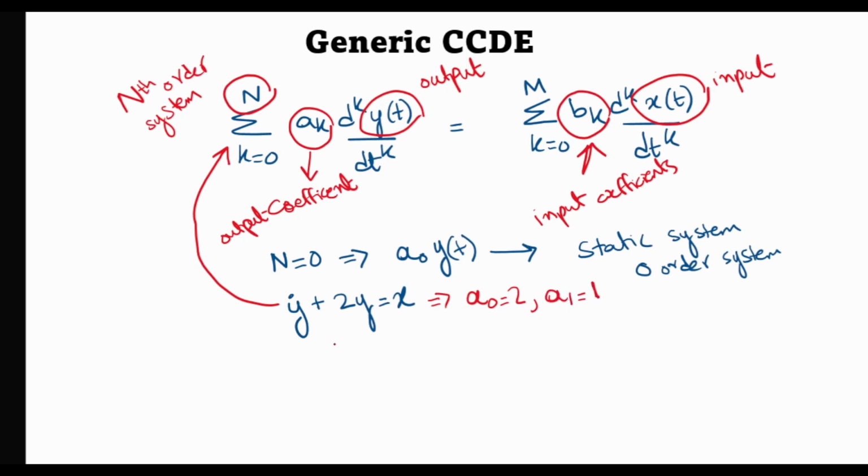So this equation describes a first order system, since the order of differentiation is equal to 1. So we solved this equation in the previous lecture by finding the homogeneous solution as well as the particular solution. If you haven't seen that lecture, then you can click this link and watch that lecture.